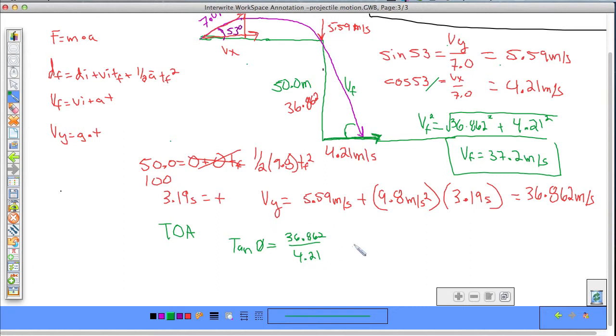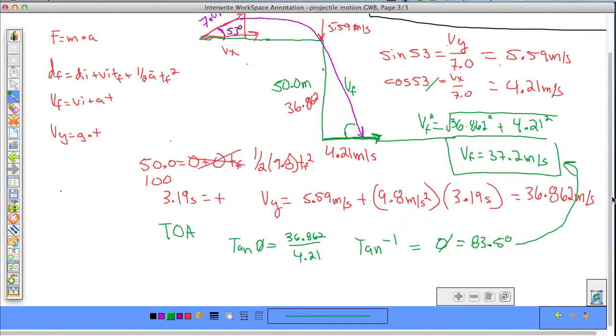Divide that out, and then in order to get the angle by itself, I'll take the inverse tangent of that. And what do I get? I get that my angle equals 83.5 degrees. So I need to add this on here. This is a velocity vector. It's hitting the ground at a velocity of 37.2 meters per second and an angle from horizontal of 83.5 degrees.